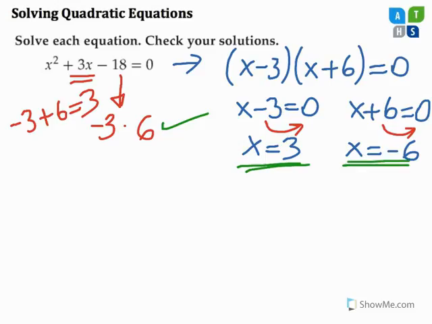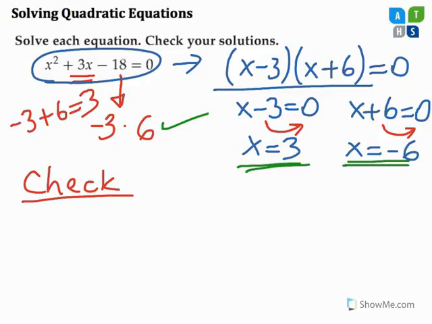Now, to check my answer, I always do substitution. Now I have to substitute these two values into the equation so that we will check if it's true or not. So you can either substitute here or in the factored form. But it's easier if you substitute in the factored form.